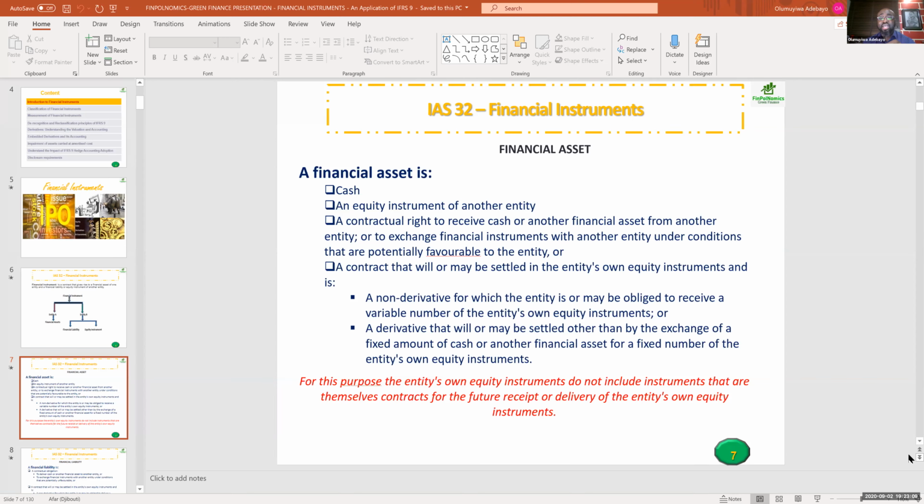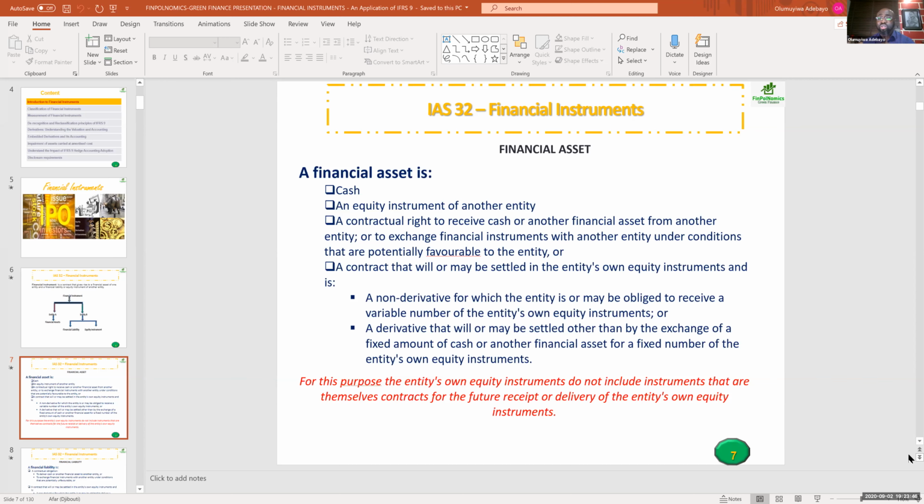Such is considered to be a financial asset to the investor. Or you find yourself in a situation where a contract creates a contractual right for you to receive cash or any other form of financial asset from another entity, or to exchange financial instruments with another entity under conditions that are considered favorable. And that's simply put. A critical example of such is receivables.